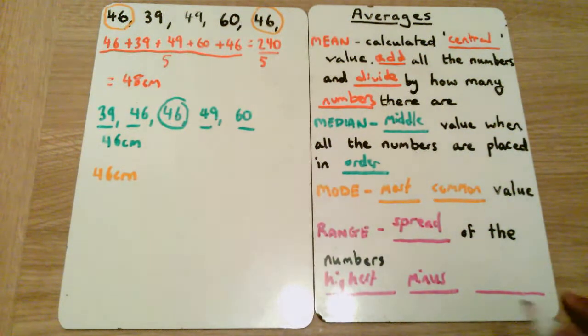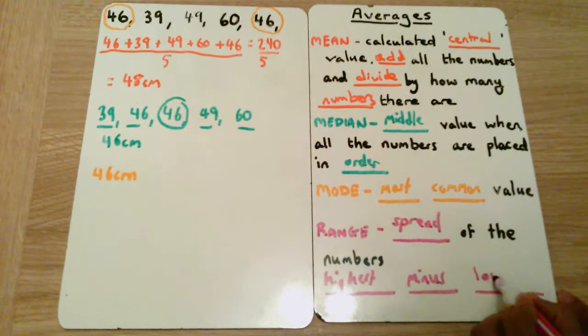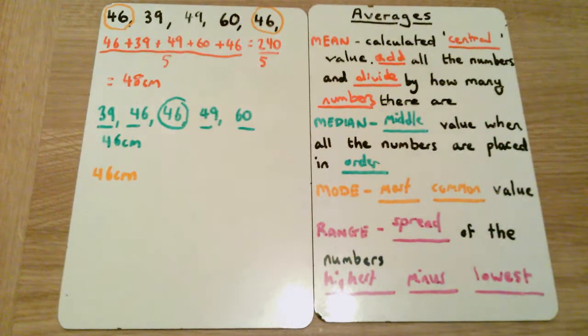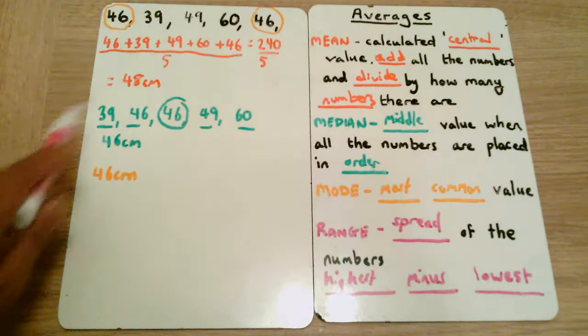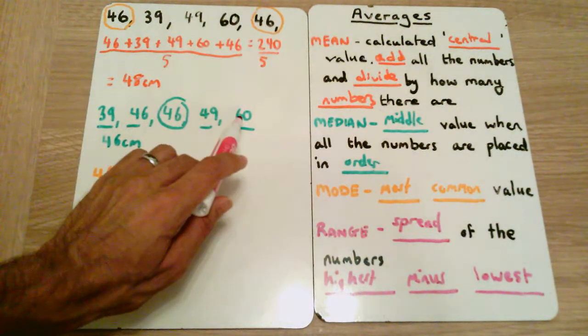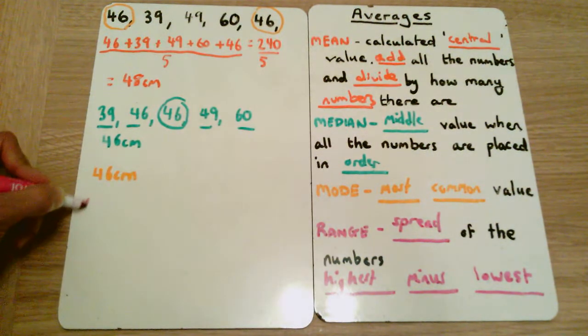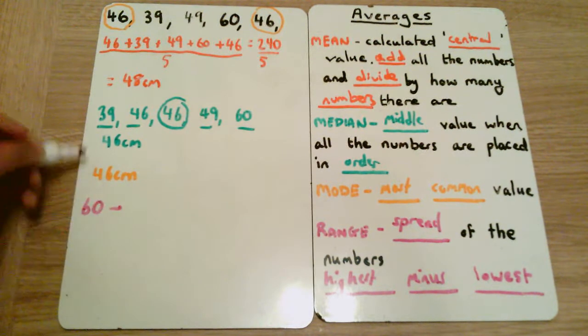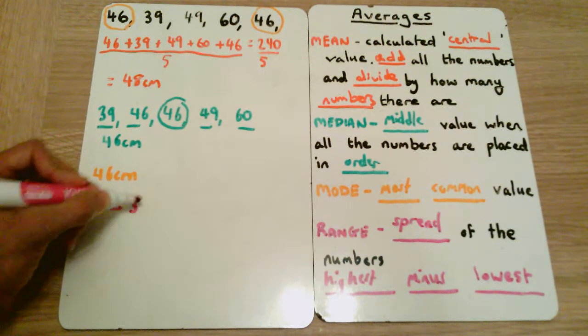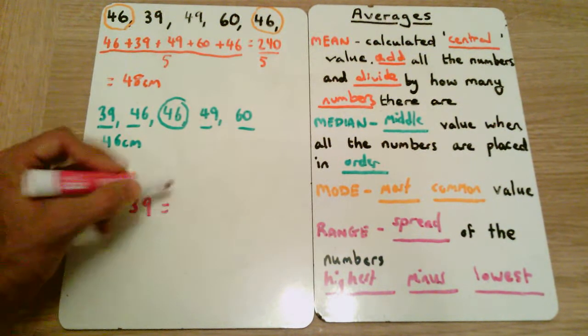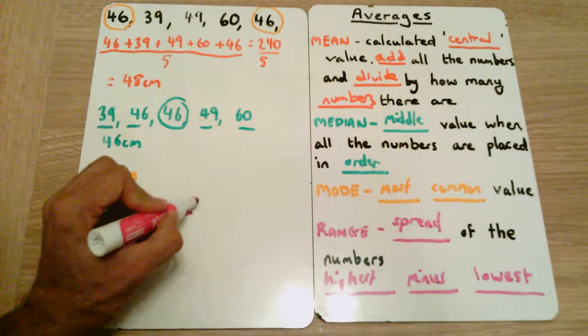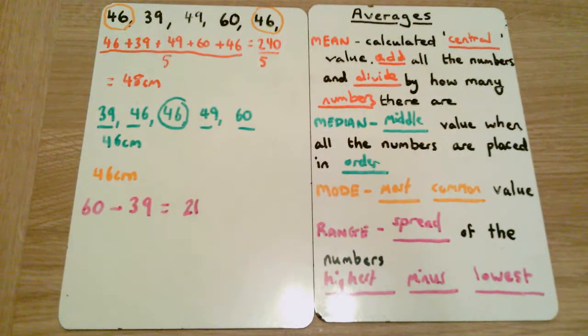So when we look at this, the highest number in this case is 60, which we can see over here. Take away the smallest, which is 39. And in that case, that is equal to 21. That means that this data is spread across 21 different centimeters. So that's what our range is for this case.